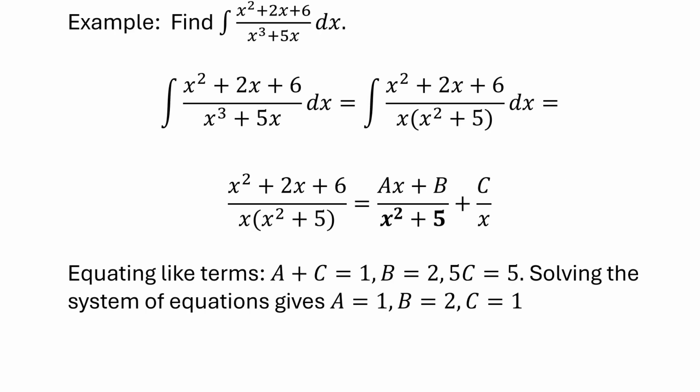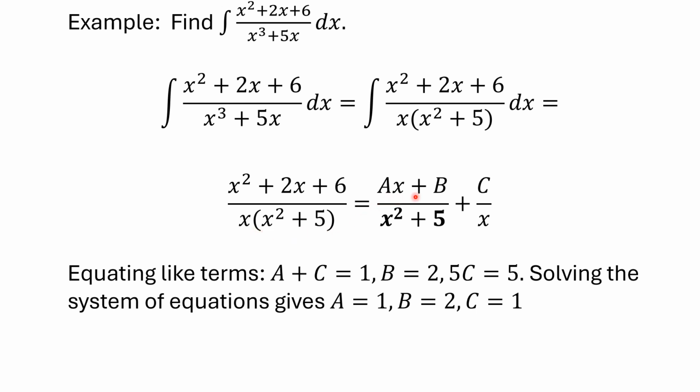In our last example, we're going to find the integral of x squared plus 2x plus 6 over x cubed plus 5x. And so we're going to factor the denominator as x times x squared plus 5. So we're going to look at this expression with the denominator factored, and we're going to have an x squared term.